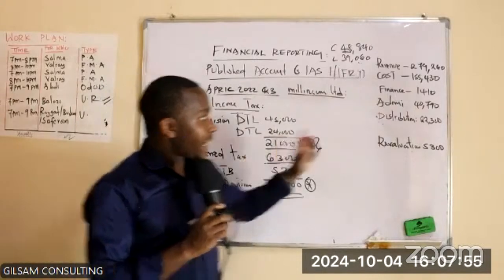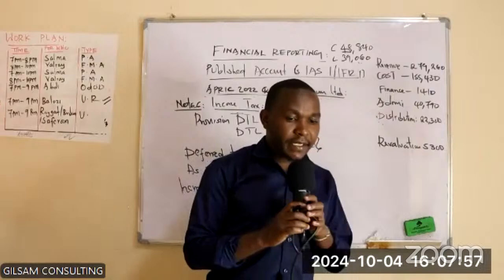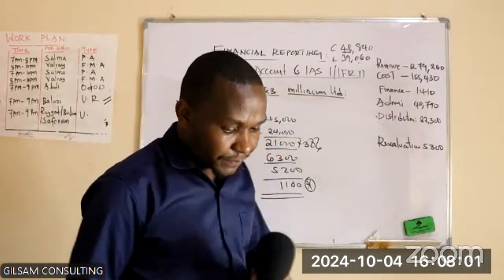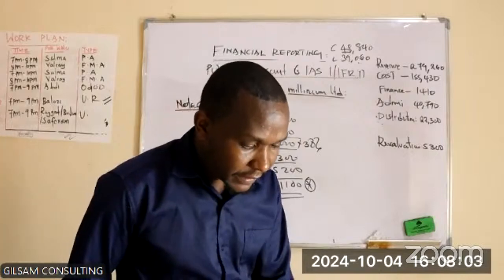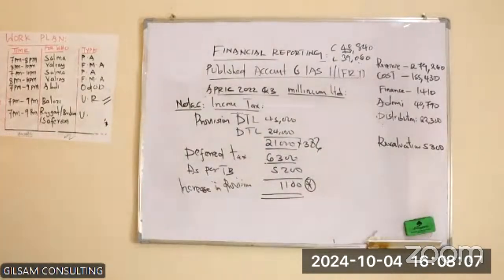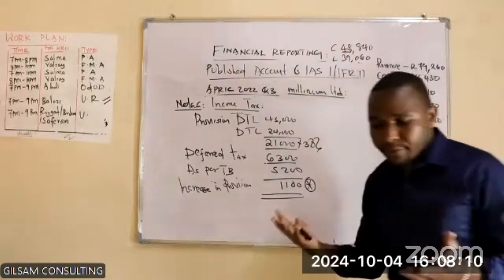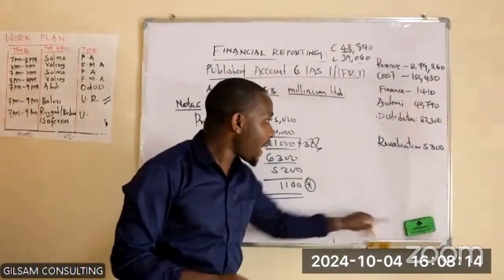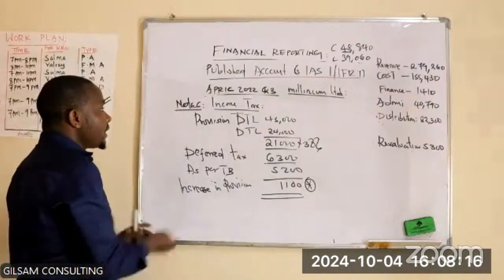So that now we can have our statement of comprehensive income, or the profit and loss account. That is very simple. Now, having all these figures, it will be a walk in the park. It will be very easy.